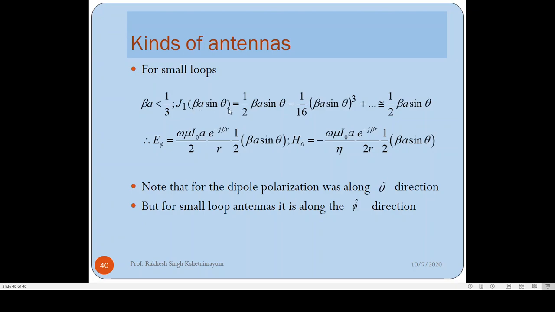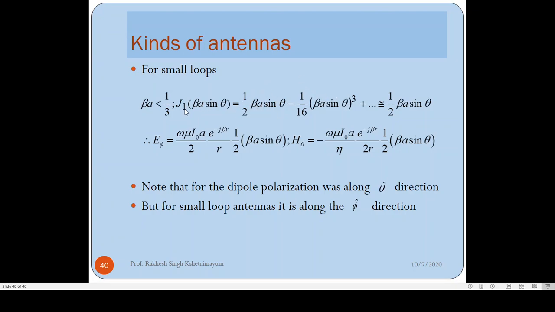J1 of beta A sin theta can be approximated like this: half beta A sin theta minus 1 by 16 beta A sin theta cubed plus, and so on, higher order terms. So when beta A is a very small number, much less than 1 by 3, the higher order terms will become smaller and smaller. You can neglect them.